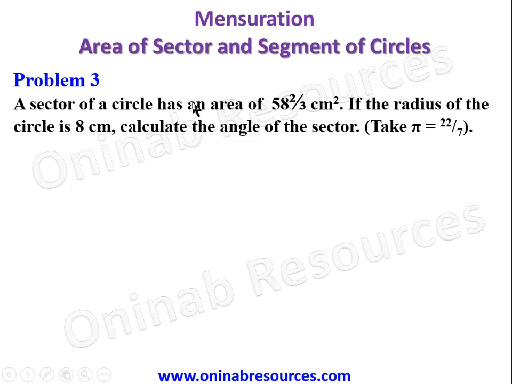Here we are not calculating the area; we are given the radius, and we are calculating the angle of the sector. So we have the sector angle, which we call theta, the parameter we are going to calculate here.